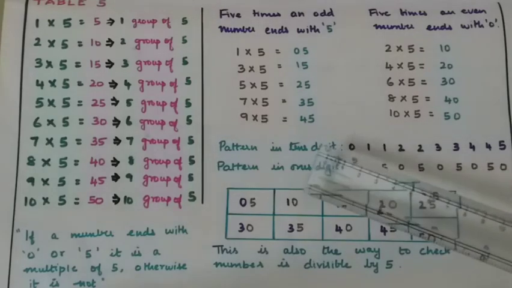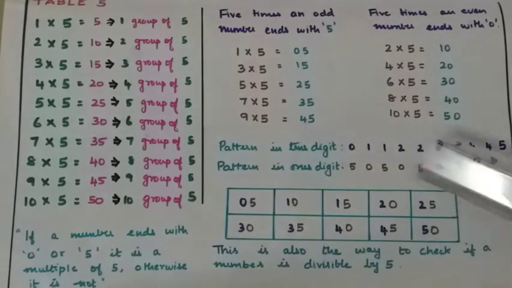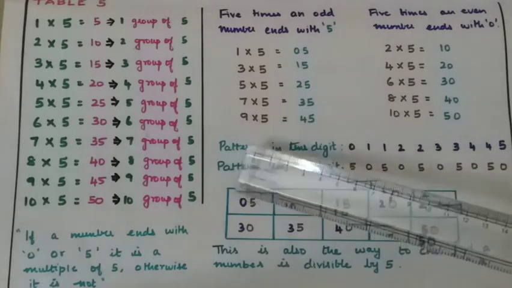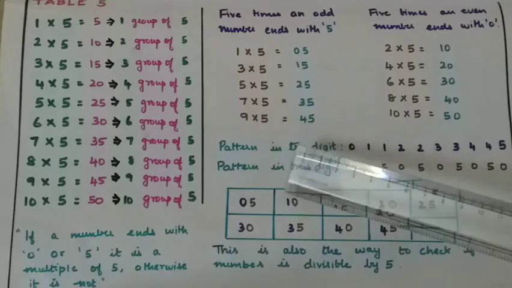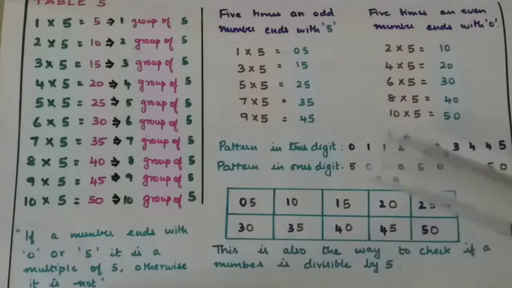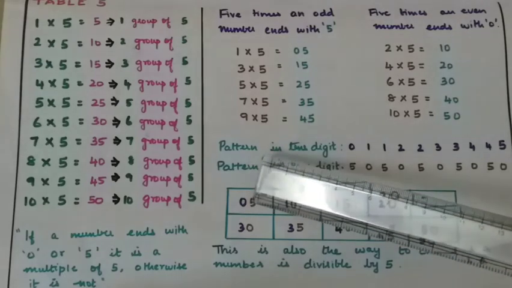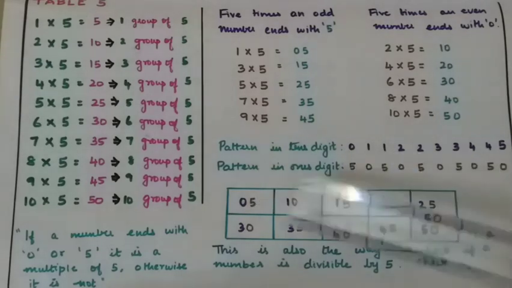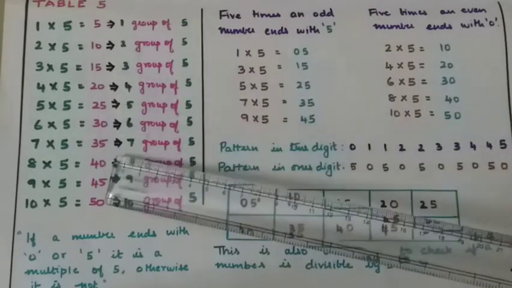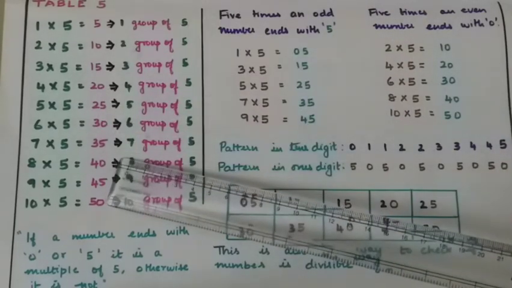I have written the same in a tabular column here, where the tens digits are 0, 1, 1, 2, 2, 3, 3, 4, 4 and 5, and ones digits are nothing but 5, 0, 5, 0 and so on. Write this tabular column here, and you will get the answers for table 5.